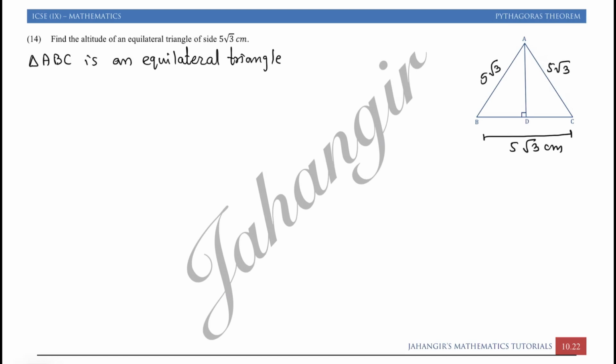So all three sides are equal. AB is equal to BC is equal to AC is equal to 5 root 3 centimeter.